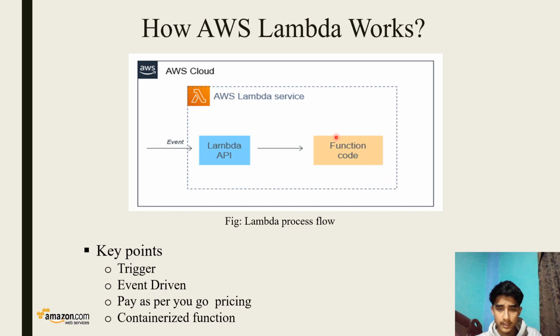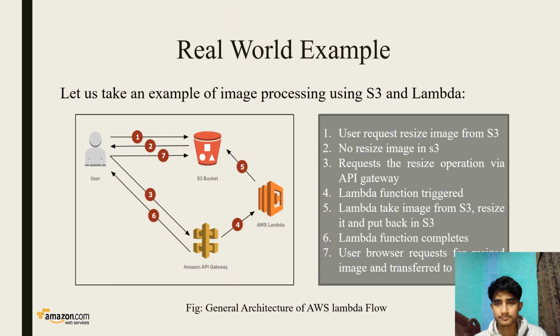Before execution of any code, the function container allocates the necessary RAM and CPU required to run the code. After the function execution is done, the allocated RAM and the runtime of the CPU are calculated, and with the help of these two parameters, the calculated amount is charged to users. So this is all about how Lambda actually works.